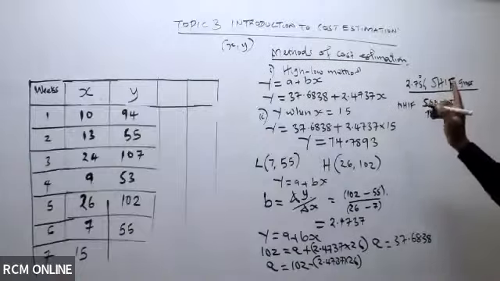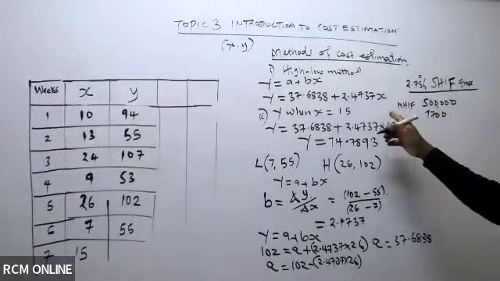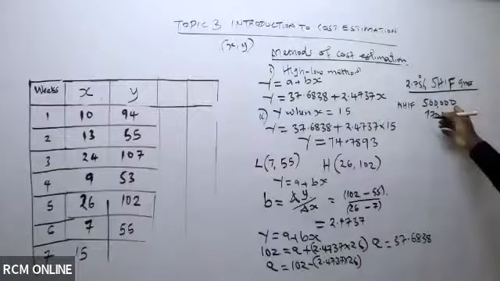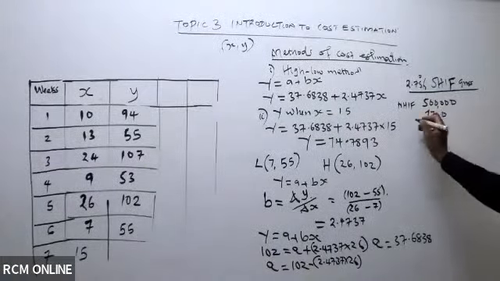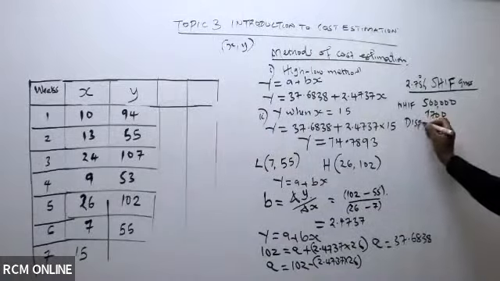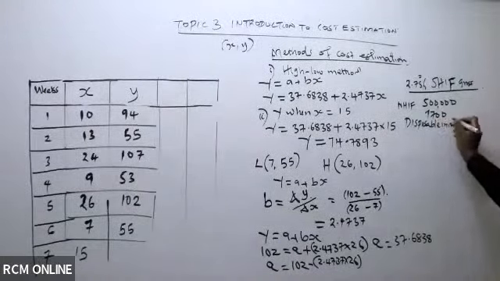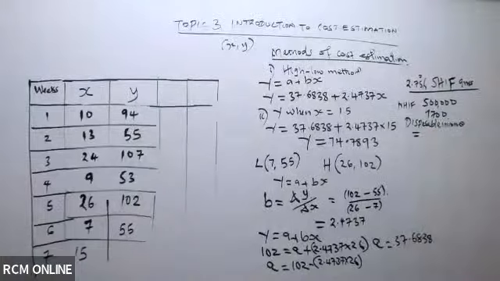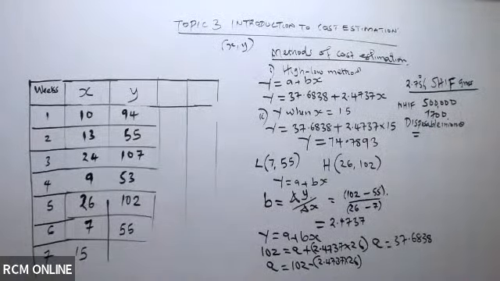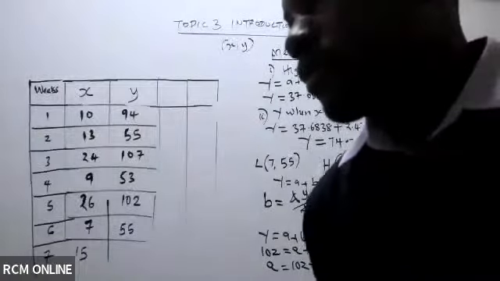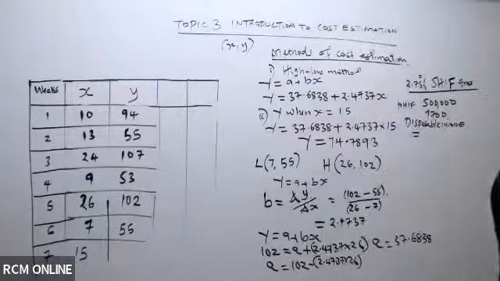So if, let's assume this was the only deduction from 500,000, what will be the disposable income? 500,000 minus 1,700 is 498,300.